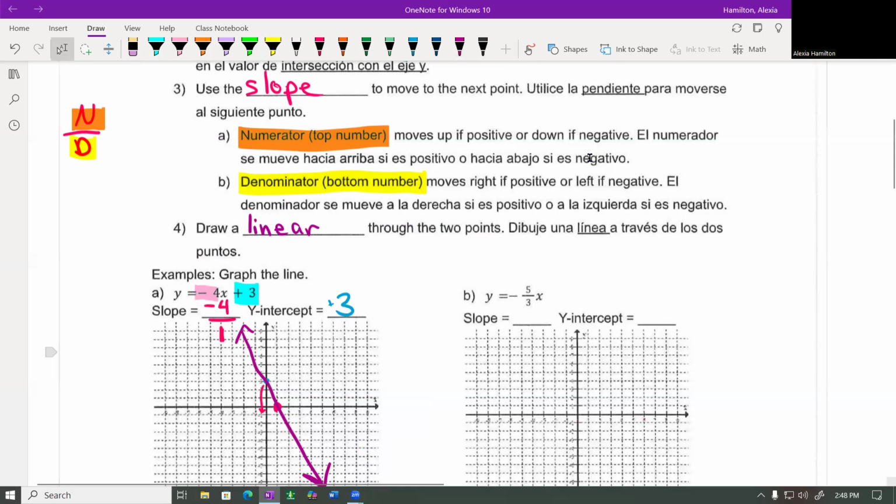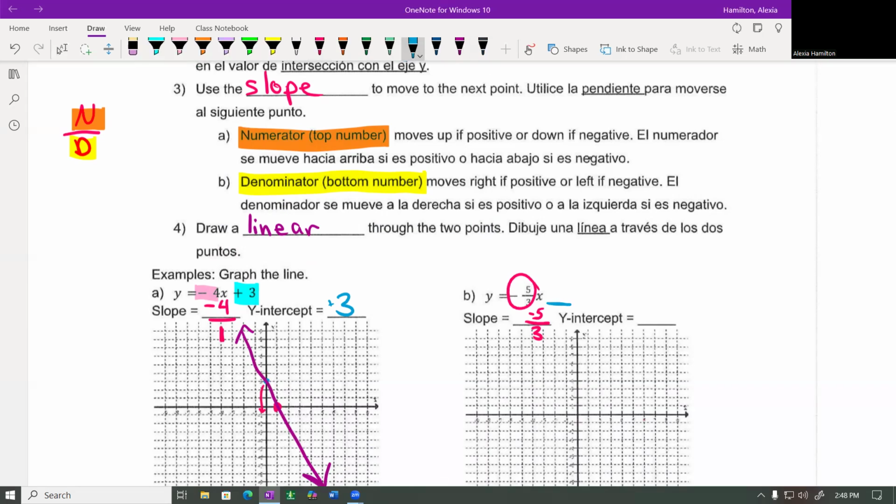All right. What if, well, I'll get to that here in a minute. Example B, my slope is -5/3. There's a negative there in front of the fraction. When I write it, it's only going to go with one of the numbers. So I typically will put it with the top number when I write my fraction. So I have a -5 over +3. My y-intercept, well, there is no number without the x.